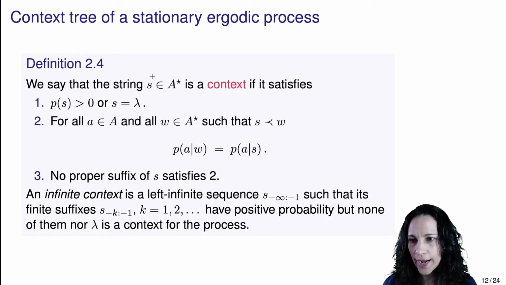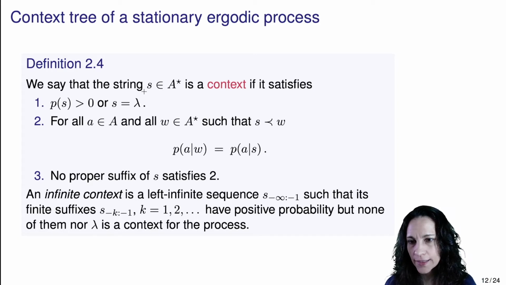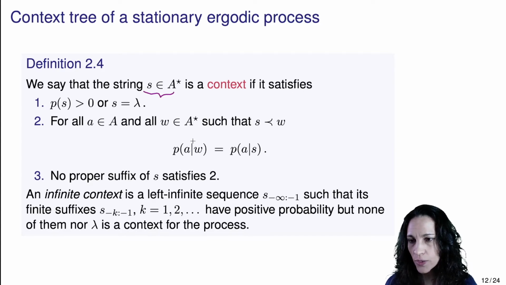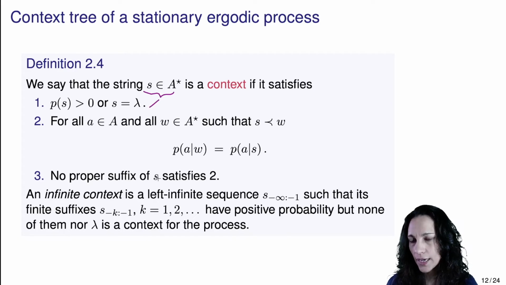So let's define what is a context for a stationary ergodic process. This is definition 2.4 in the book. We say that a finite sequence s in A star is a context if it satisfies these three conditions here. The first condition says that the probability of s is greater than 0 or s is the empty sequence, okay?